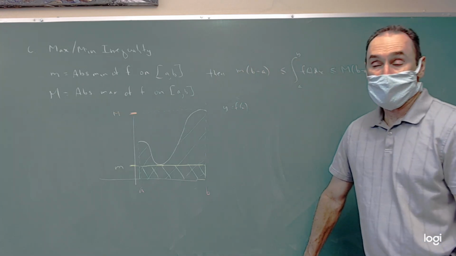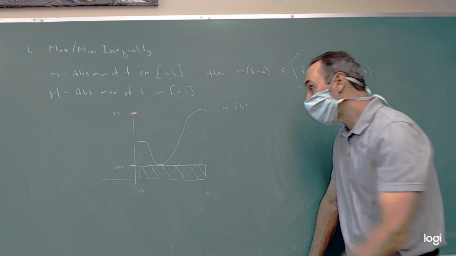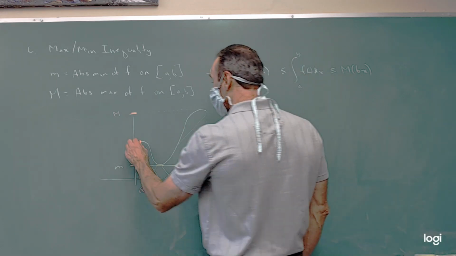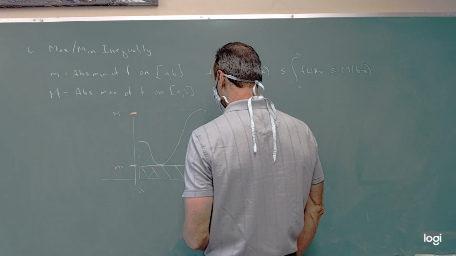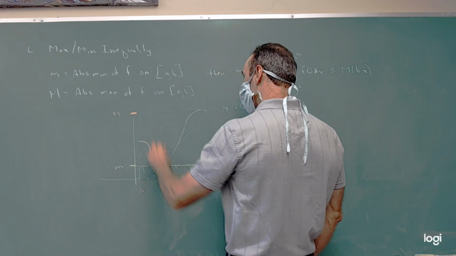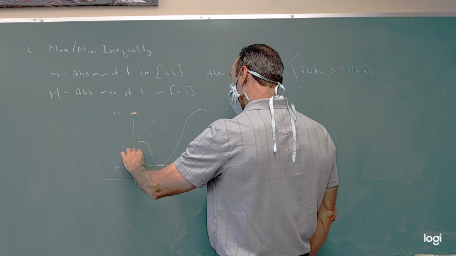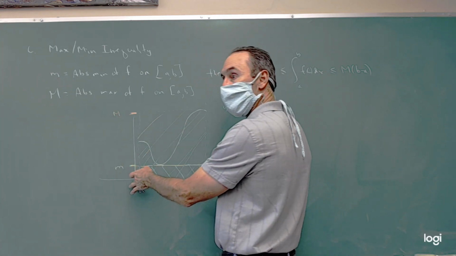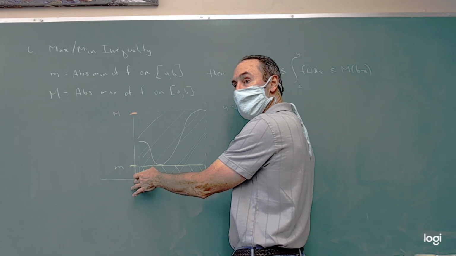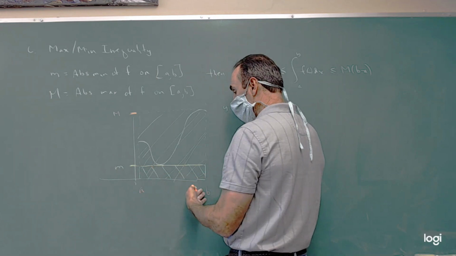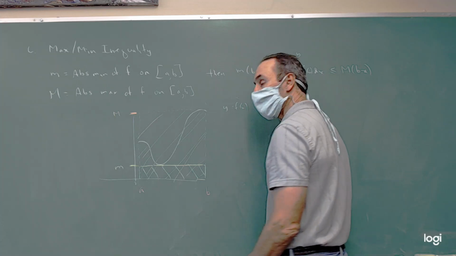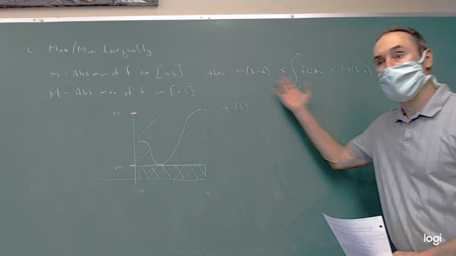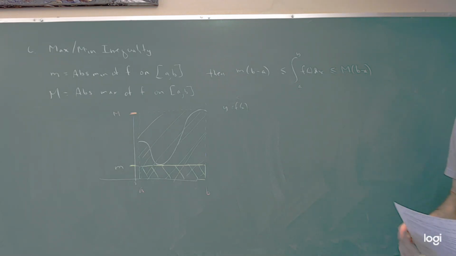So it seems quite reasonable that the integral would be bigger than or equal to that. And likewise, the capital M times b minus a is the area of the rectangle that has height at maximum value, the absolute maximum of the function, and width b minus a, the length of that interval. So it gives us a lower bound and an upper bound for what that integral could be.